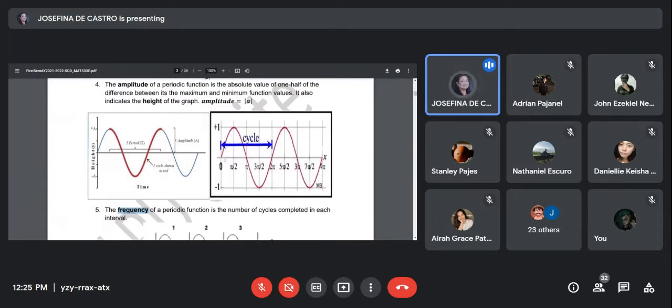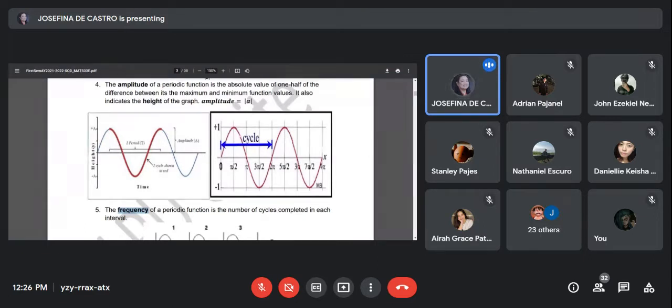Okay? What we are going to do is we will just spread out horizontally the unit circle. I-graph lang natin ang unit circle, the six circular functions from the unit circle. I-graph lang natin siya horizontally.